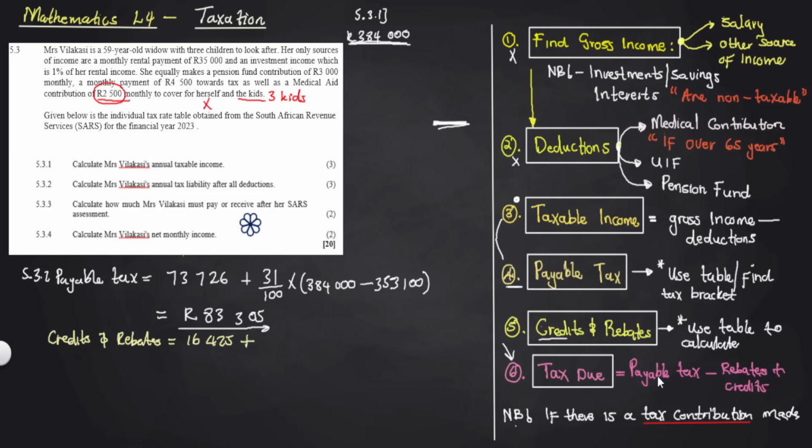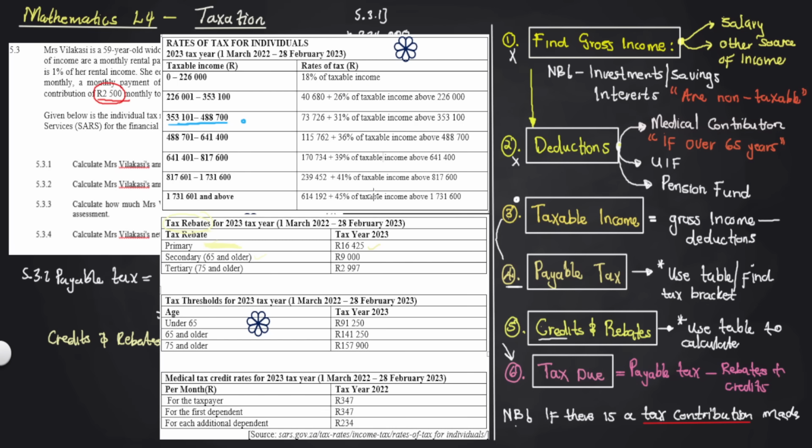Everybody covered under that medical aid, it's 3 kids. So there's the taxpayer, the first dependent, which is child number 1, and each additional dependent, which is the second child and the third child.